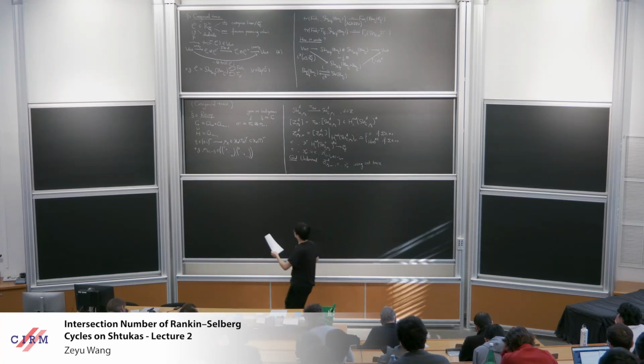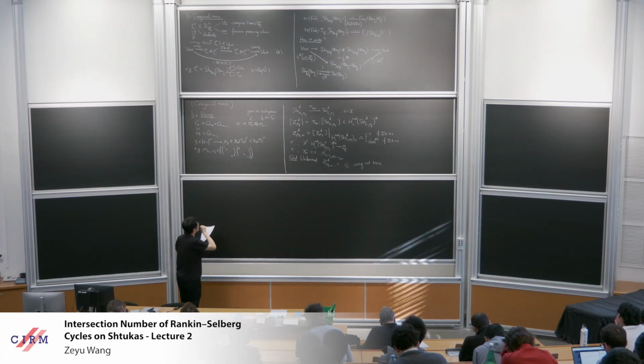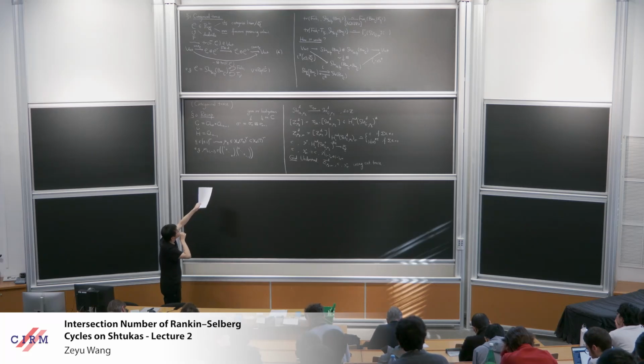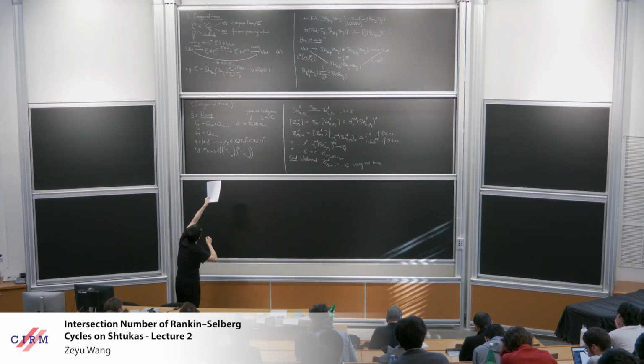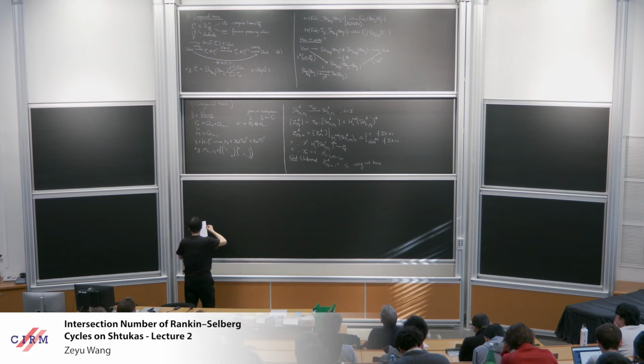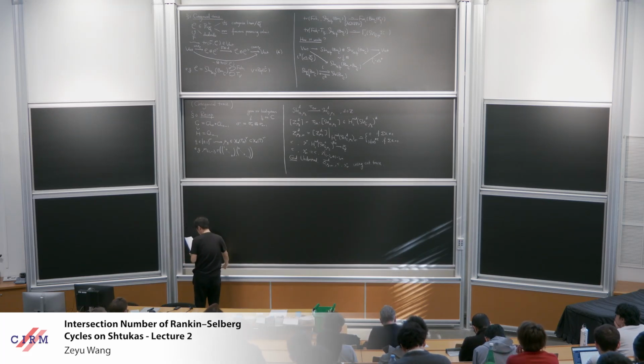Yeah. So then you see what you need to compute the categorical trace. Okay, so now you want to use this diagram to compute the trace. Then how do you do it?